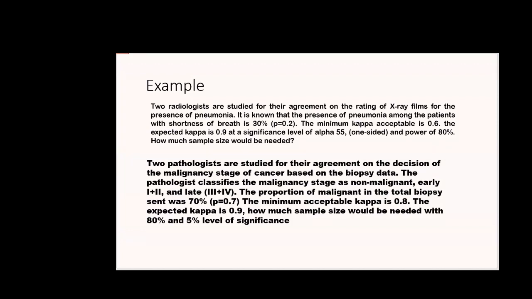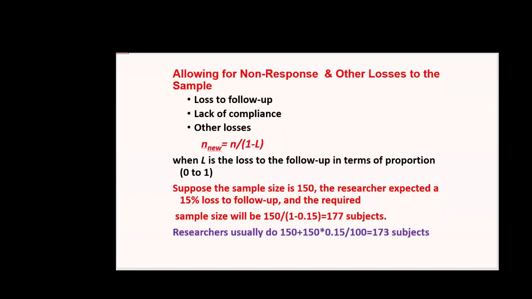This is all about the intra-class correlation, kappa value, pair design. And now there is a common error done by students in calculating the non-response.